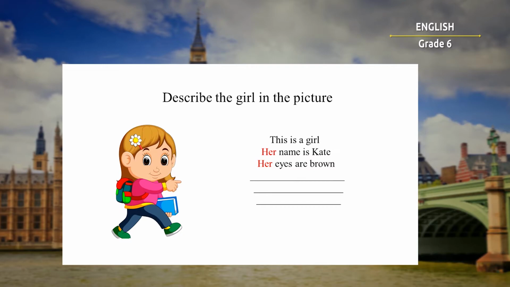Look at her again and write down on your copybook 2-3 sentences about her. Well done!